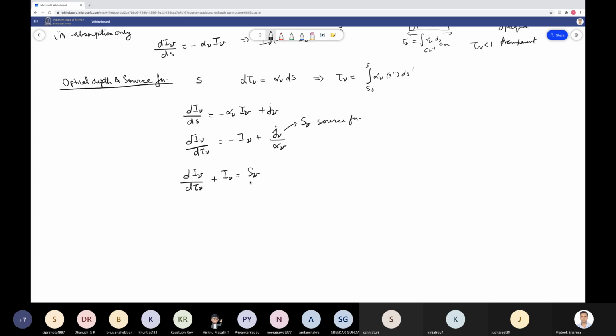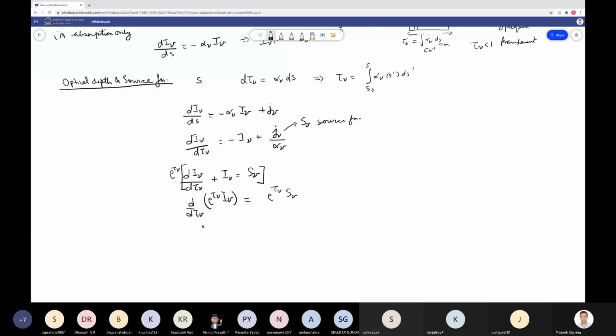If you have an equation of this form, the standard way of solving it is through something called an integrating factor. If you've done a course on ODEs, that's what you do. You multiply this whole thing by e to the tau nu, and the left hand side becomes d by d tau nu of e to the tau nu I nu. If you differentiate this, you get that the left hand side is equal to e to the tau nu S nu. Now S nu is a function of s, or you can also treat it as a function of tau nu.